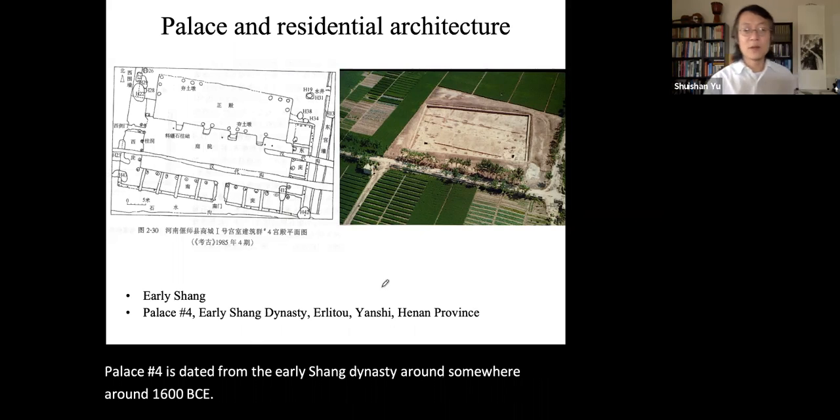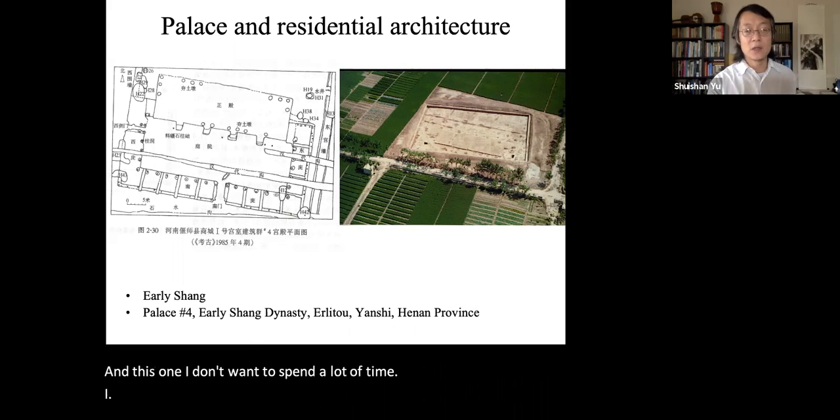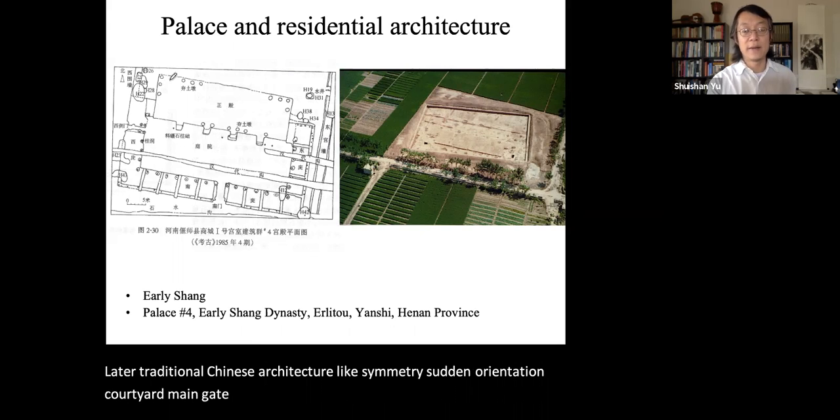And this one, I don't want to spend a lot of time analyzing. You should be able to see those characteristic features of later traditional Chinese architecture, like symmetry, southern orientation, courtyard, main gate, axis, etc., and rectangular hall.